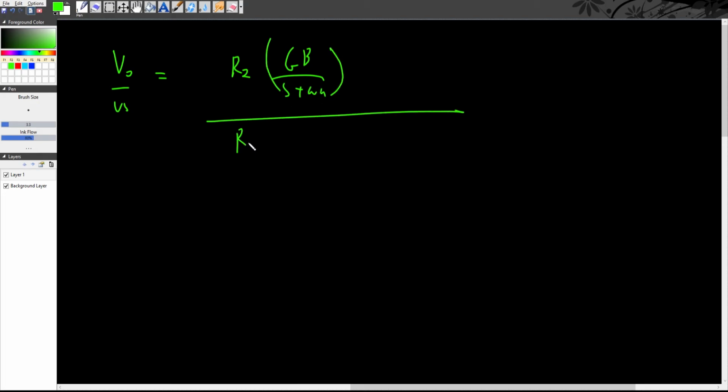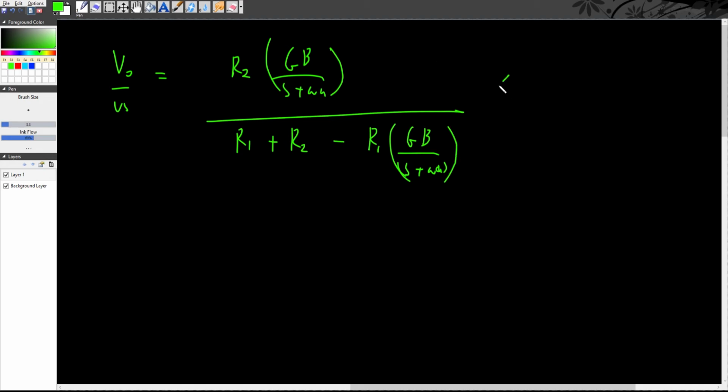So let me just rewrite that very quickly. VO over Vs equals R2 into GB over S plus omega A, over R1 plus R2 minus R1 into GB over S plus omega A. So here we are again.